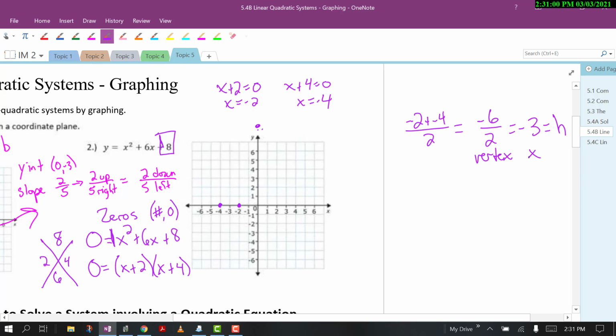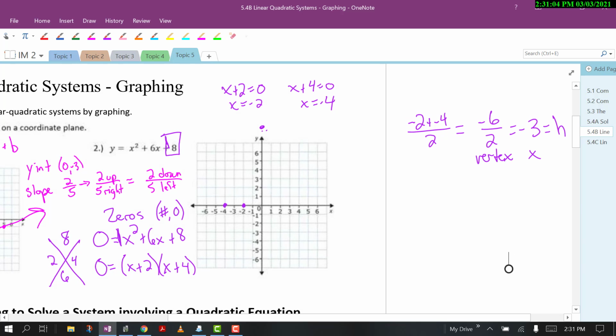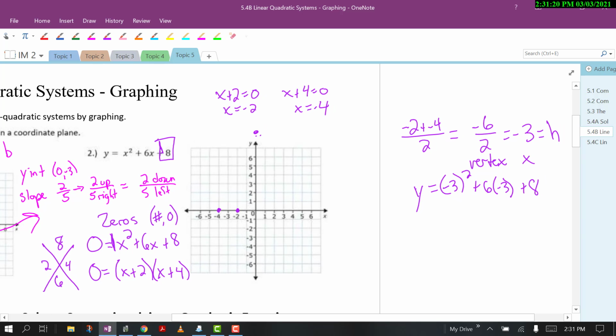So to find our vertex y, we just substitute that into the equation. So y equals (-3) squared plus 6 times (-3) plus 8. Notice my -3's are inside parentheses so that we don't mess up with our negatives. All right, so y equals: (-3) squared is a positive 9.